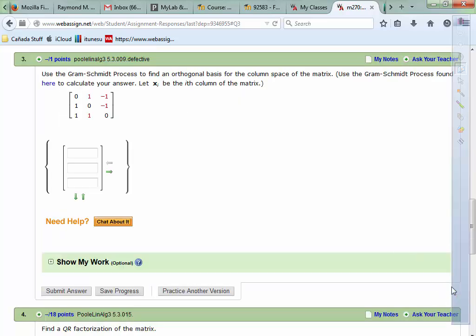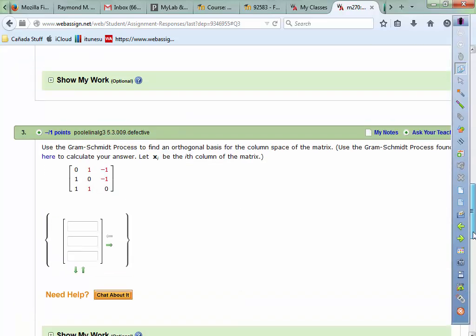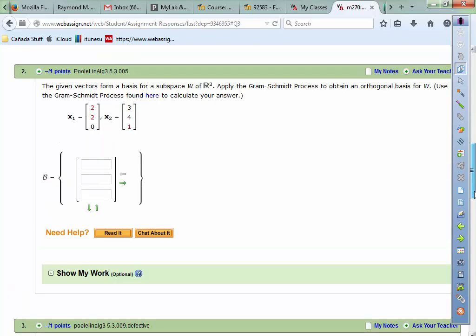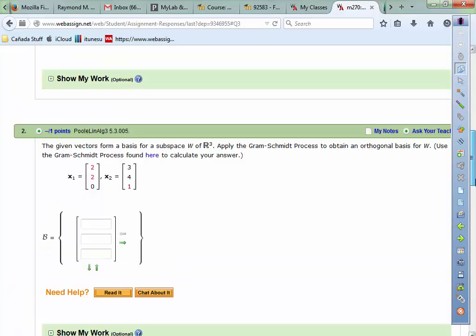Number 3 is wrong, the answer. It is defective. The answer that they accept is different than the actual answer.